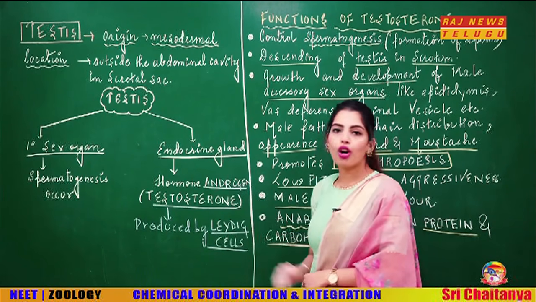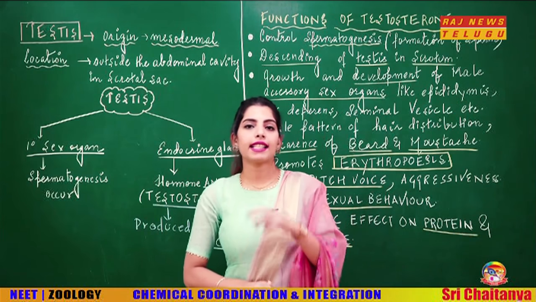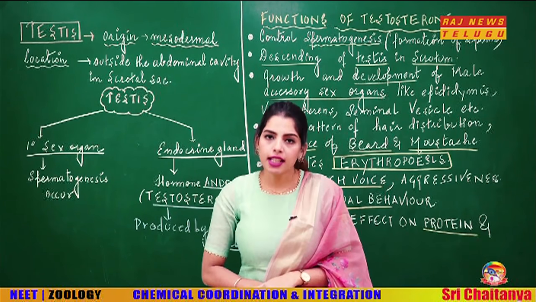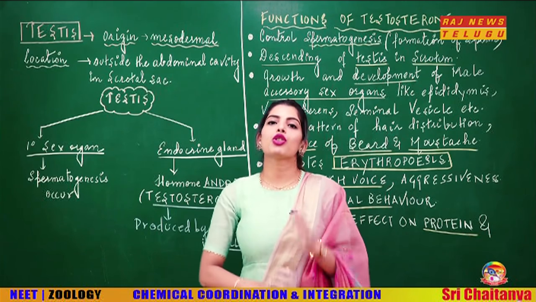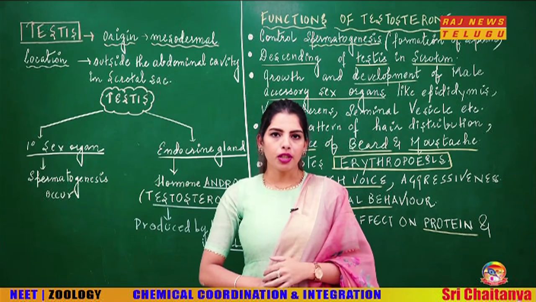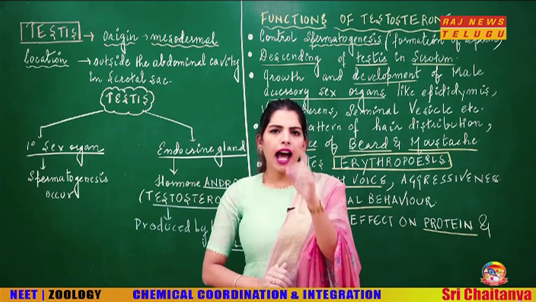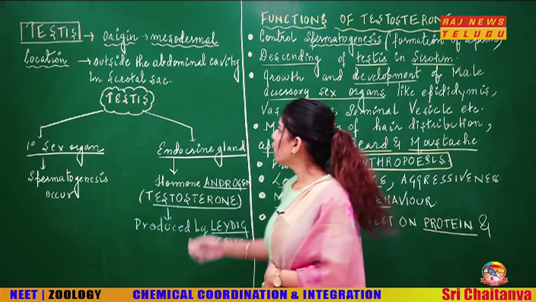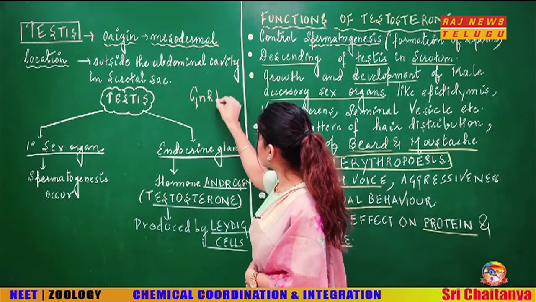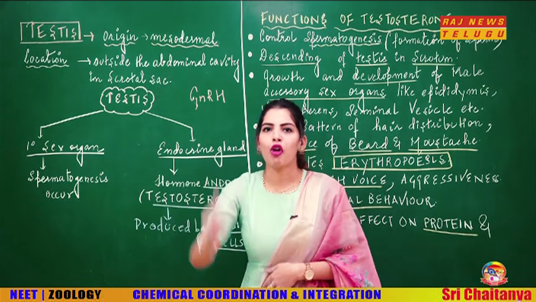Now the hormone of the testis is called androgens. And the primary androgen that the testis produces is testosterone. Also, if you remember, hypothalamus has a hormone called GnRH, which is gonadotrophin releasing hormone.